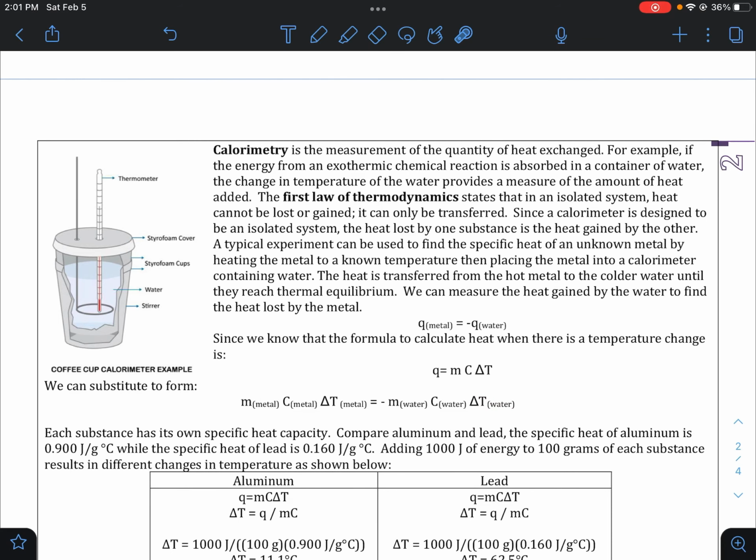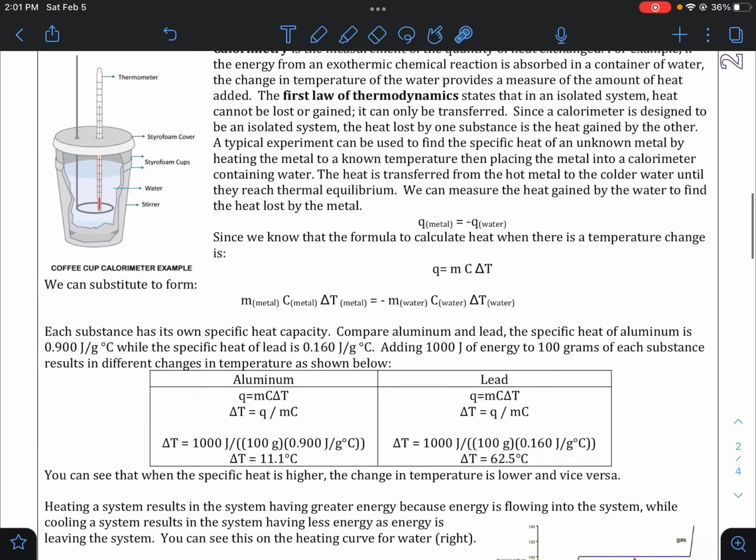And then the change in temperature. And again, every substance has its own specific heat capacity, and that's how easily or difficult it is to change the temperature of that substance by 1 degree.